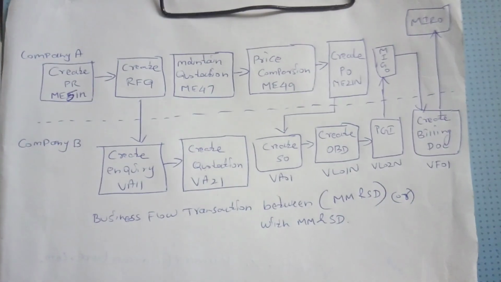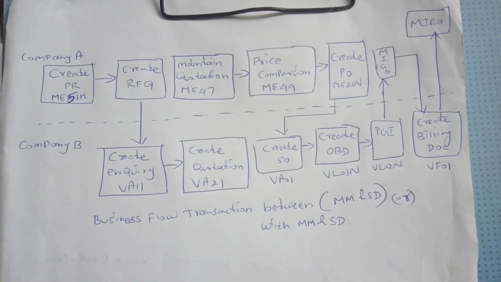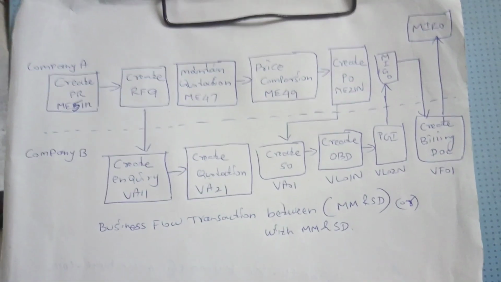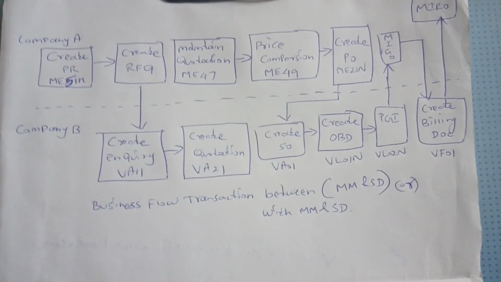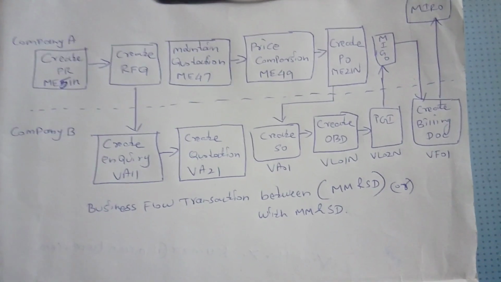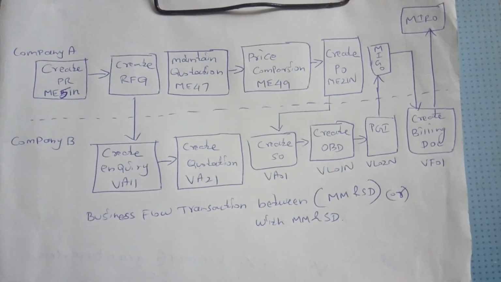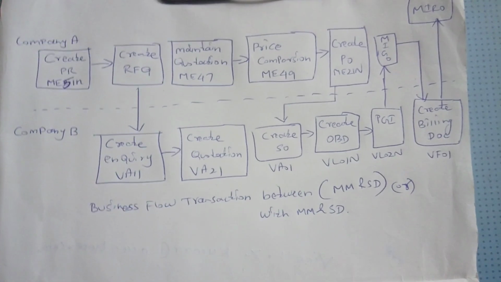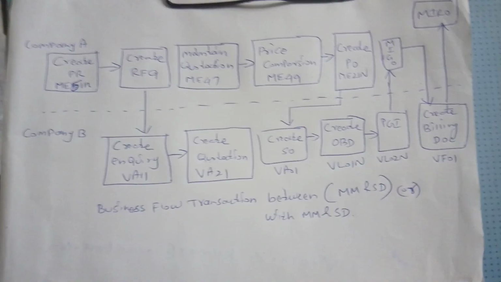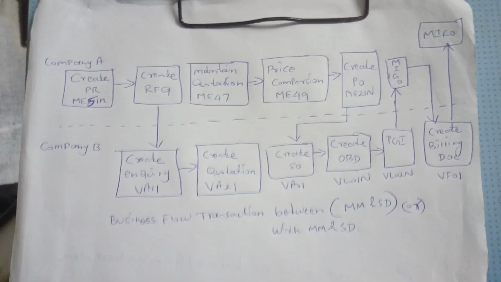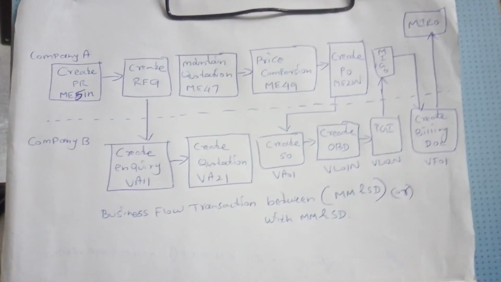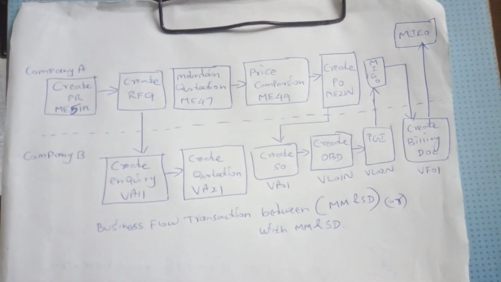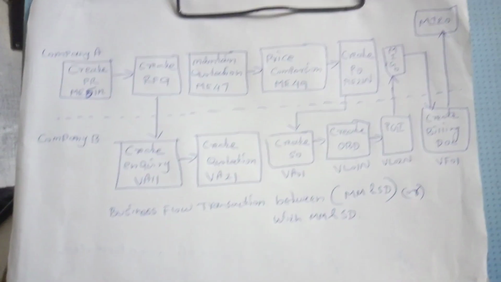And in company code B, I'm mentioning all the SD related transactions, starting from creating the inquiry in VA11 till creating the customer billing in VF01. This is one of the main integration points between MM and SD.